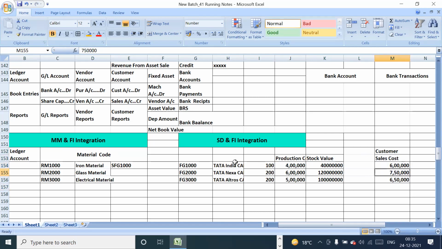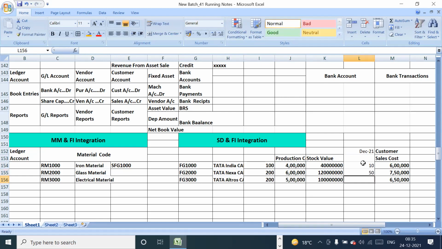And also assume that this month, this year, this quarter, we manufactured 100 units of car. So this is my production cost for each car, and if I see my stock report, it will show the stock value like this. Then this month or this quarter, assume December 2020, I'm going to sell some 10 cars to customers.